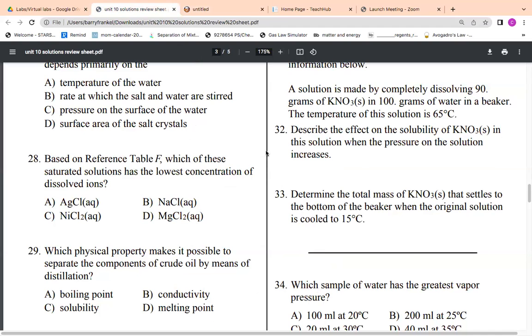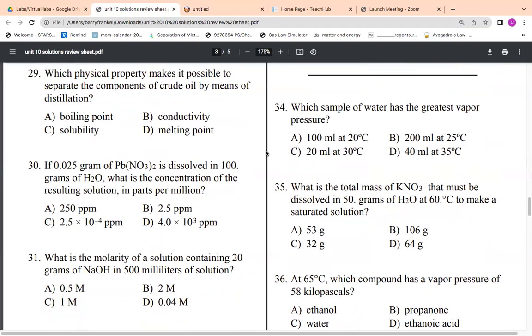Okay, number 34. Which sample of water has the greatest vapor pressure? So let's go look. Actually, we don't even have to look here. For one, the amounts like this, it just really doesn't matter. All you have to really think about is the temperature, because the general idea is that the greater the temperature, the greater the vapor pressure.